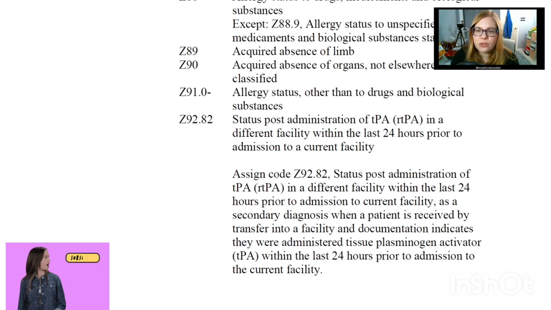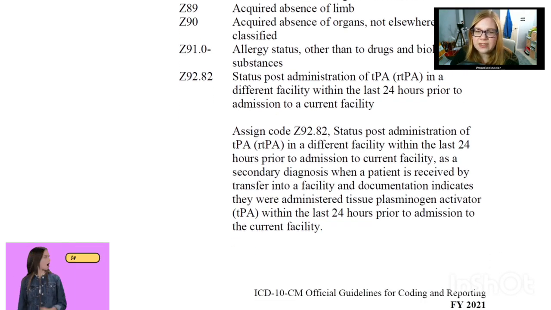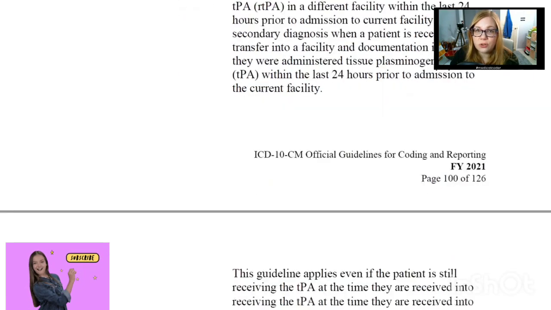Z92.82 is status post-administration of rtPA or TPA in a different facility within the last 24 hours prior to admission to a current facility. So we assign Z92.82 as a secondary diagnosis when a patient is received by transfer into a facility and documentation indicates that they were administered tissue plasminogen activator within the last 24 hours prior to admission to the current facility.